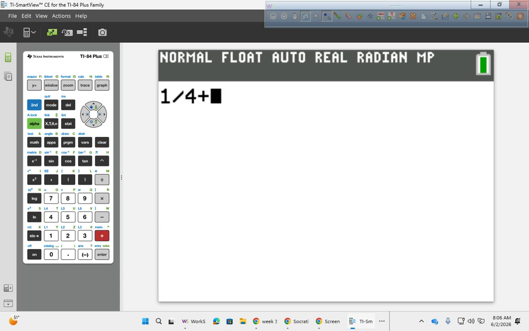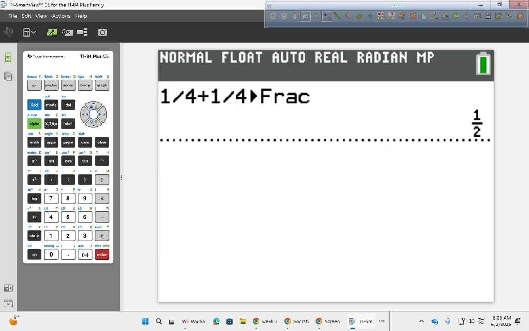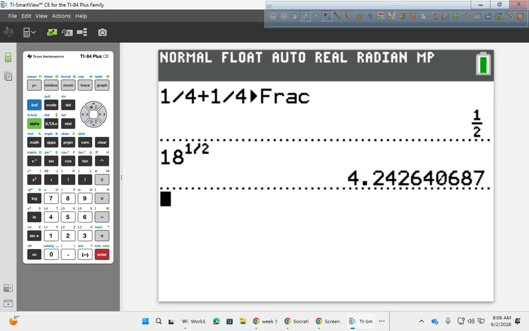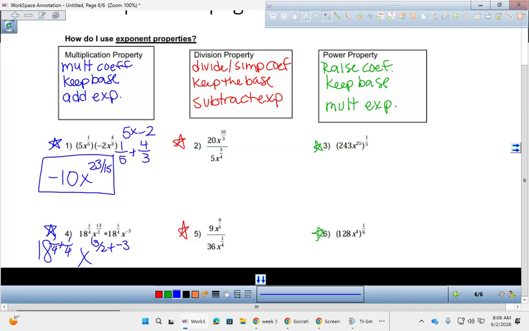But you don't have to know that, you can type it in the calculator. So I end up with 18 to the power of 1/2. What I'm gonna do is check if that simplifies. If that became a whole number, I would write the whole number, but it doesn't. So I'm just gonna leave it as 18 to the 1/2.